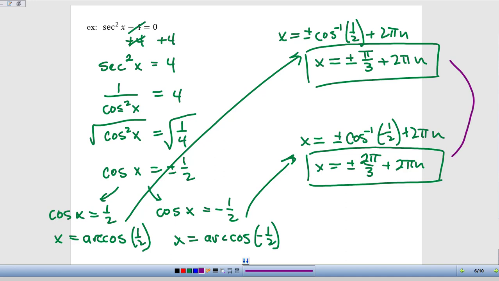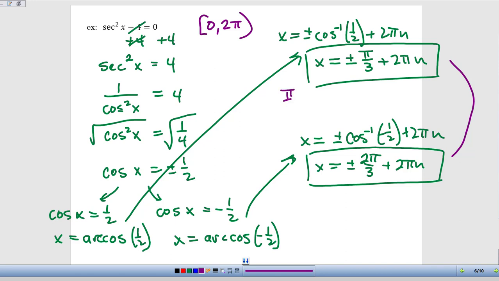And then once more, we don't want to forget that we're being asked to find all of the answers that are between 0 and 2 pi. So that again requires us to cycle through and plug in values of n as 0, 1, 2, so that we get all of those answers. And so again, the complicating factor here is we've got to split each of these individual answer sets up into two separate pieces.